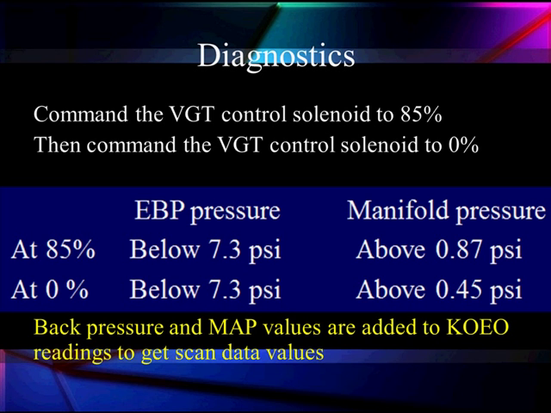So you get an idea of why we had to be so tight with our MAP sensor readings, because the barometric readings have to be counted if we're going to make these small differences in pressure have any meaning. So if we do this, accommodating the back pressure with the key on engine off values, you have a valid test.